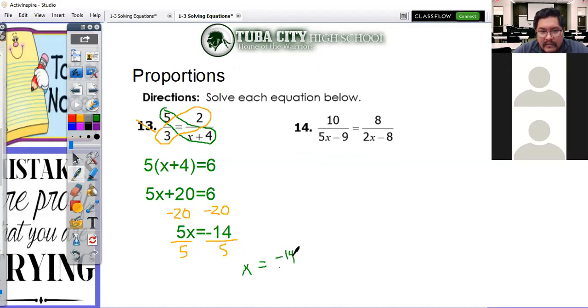And there we go. Doesn't look like we can do anything with this. We can't really reduce it.